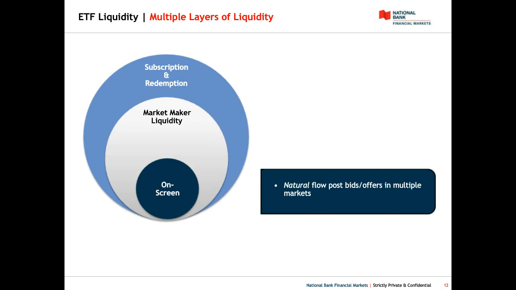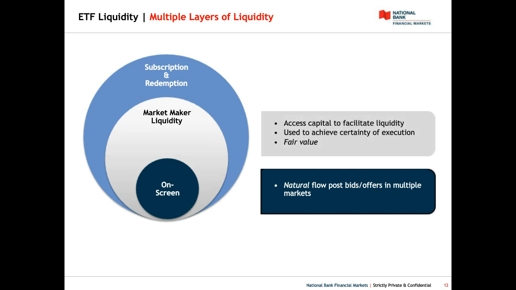The second is our market makers, who are typically broker-dealer trading desks who quote bid and offer in large size around fair value. For many ETFs, the natural on-screen activity, as depicted with the dark blue circle, can support most trades. But for larger size, market makers stand ready to provide liquidity.